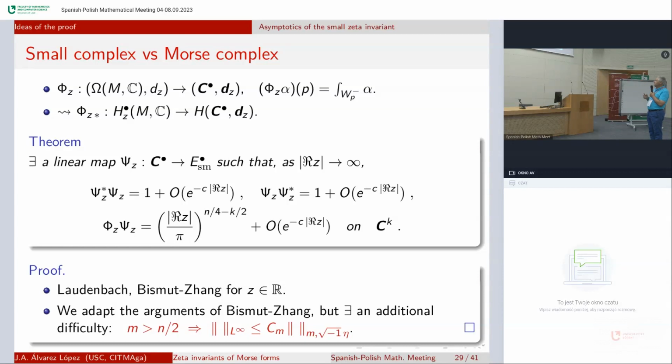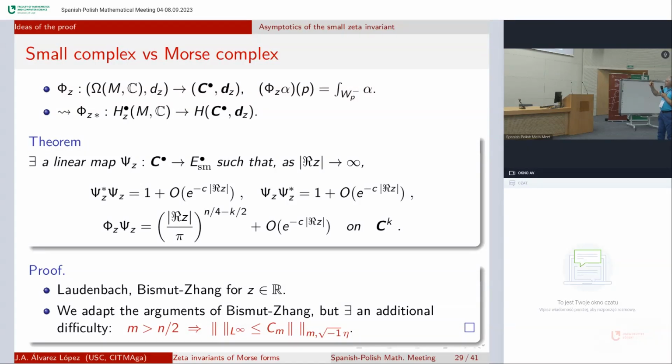When we have a number m greater than half of the dimension, then the L infinity norm on differential forms is less or equal than some constant depending only on m times the Sobolev norm, but the Sobolev norm is defined with the twisted Laplacian, using square root of minus 1 times the twisted Laplacian for this form.